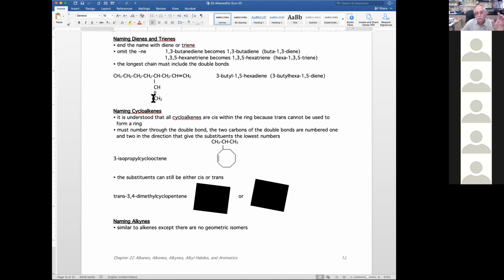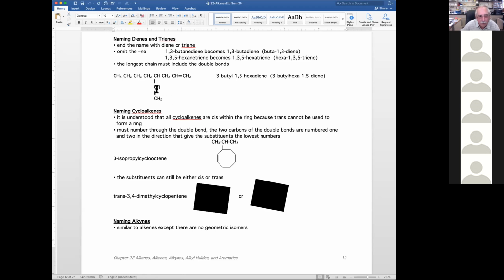I have to include both the double bonds because I'm going to name this as a diene. So in this case, I'm not using the longest continuous chain, and this becomes an alkyl group substituent. I've got 1, 2, 3, 4, 5, 6 in a row, so it's hexane, hexadiene, and where are the double bonds?